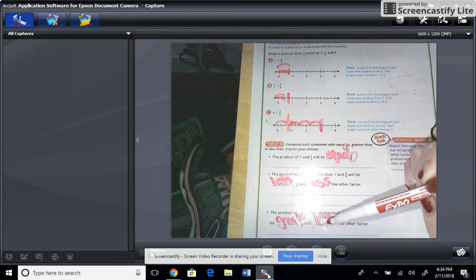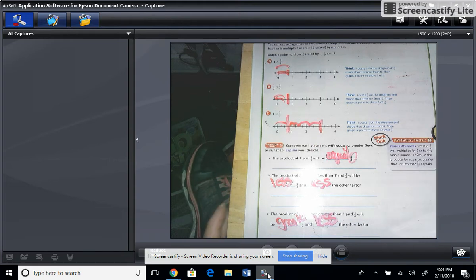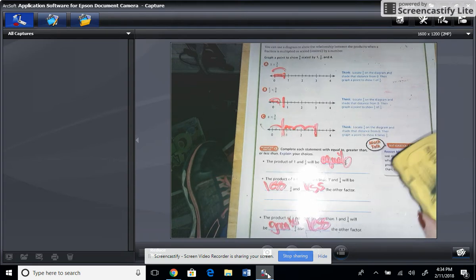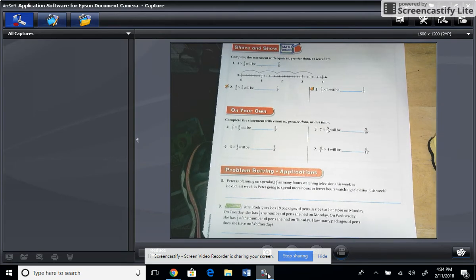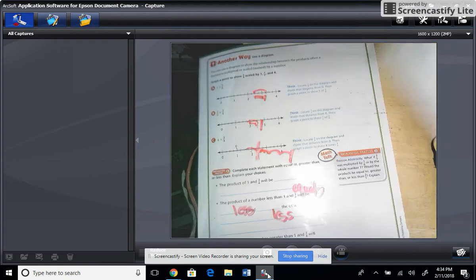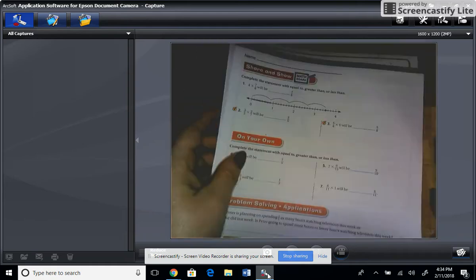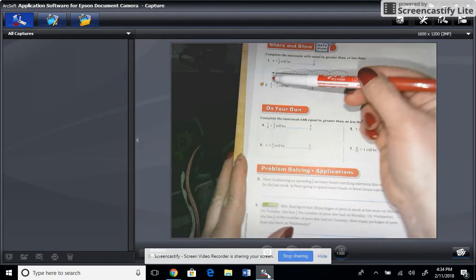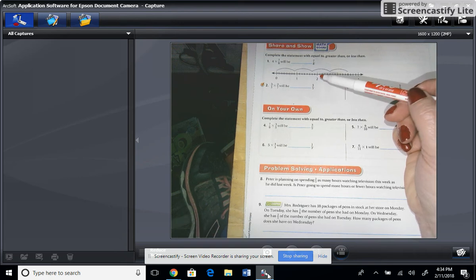So let's look here and say 3/4 times 2/3 will be blank 3/5. It will be what? Less than. Five sixths of 6 will be more than 5/8 because we're doing 6 groups of 5/8.